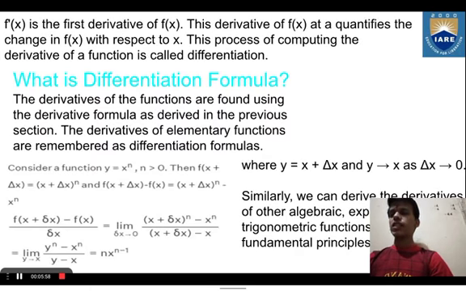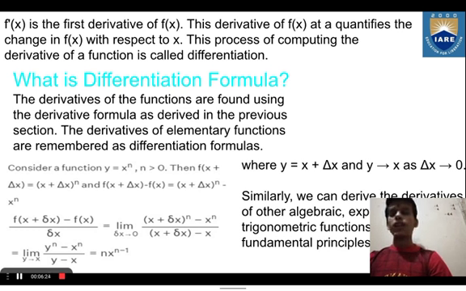So consider the derivatives of the elementary functions, which are remembered as the differentiation formulas. Consider a function y equals x power n, where n is greater than 0. Then f of x plus delta x equals x plus delta x whole power n, and f of x plus delta x minus f of x gives you x plus delta x whole power n minus x power n.